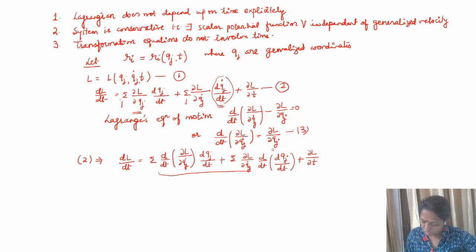Now combine these two terms and write it as delta L by delta Qj dot times dQj/dt. These two terms are actually the derivative of the product of two functions.